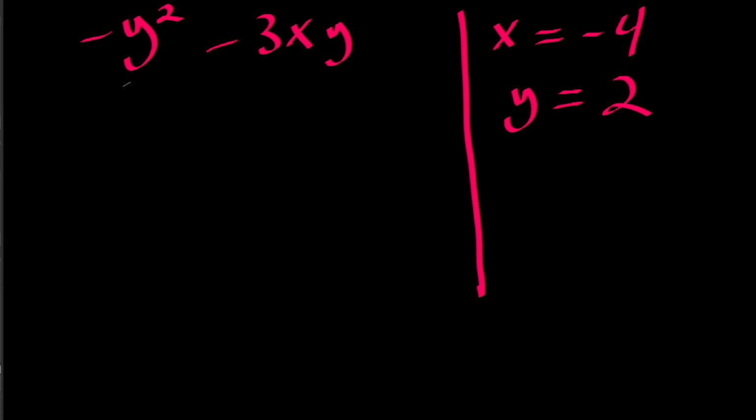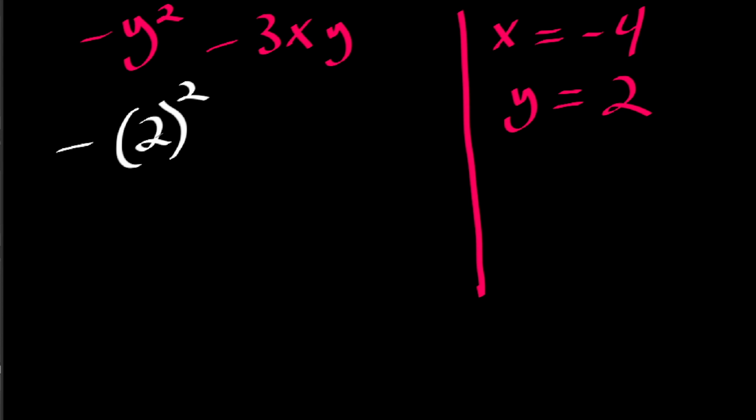All right. Now, once again, here's why I emphasize the parentheses so much. Let's start from the beginning. Negative y squared. The y is going to be replaced with 2, but I want to put that in parentheses. Here's why. That negative is not in parentheses with 2. So you have to make sure you write that correctly or else you'll get it confused.